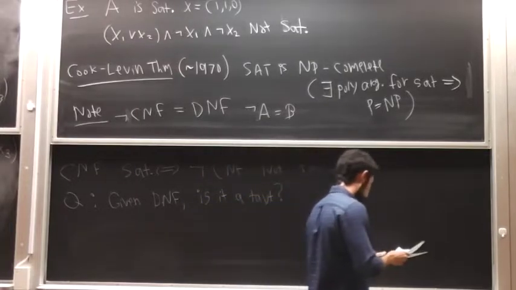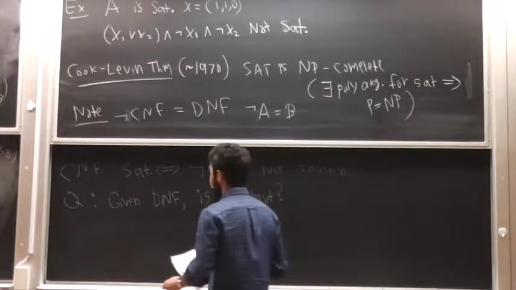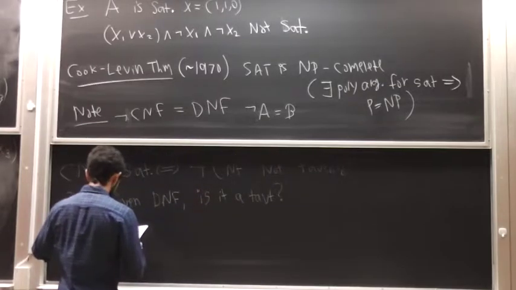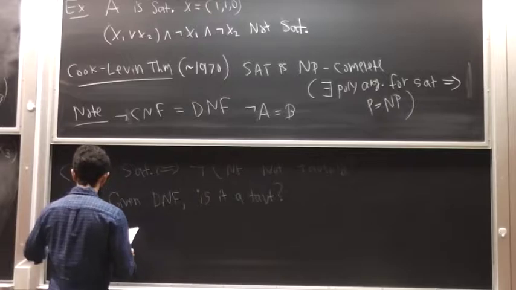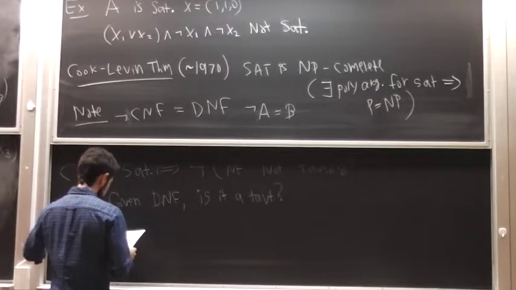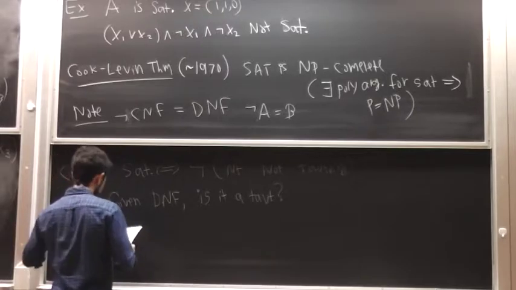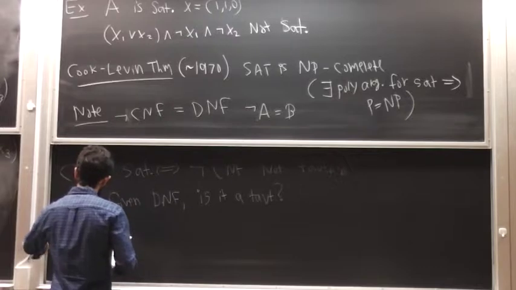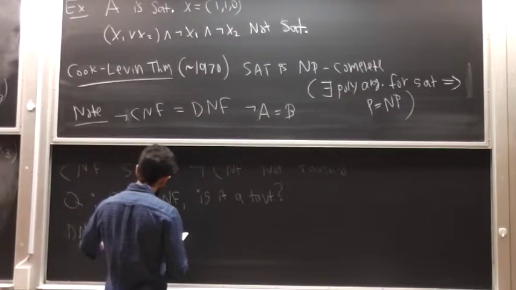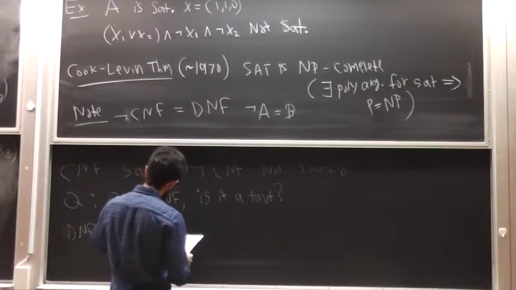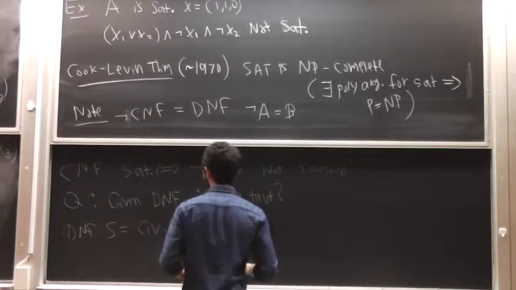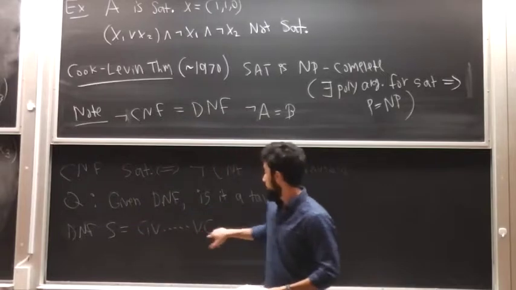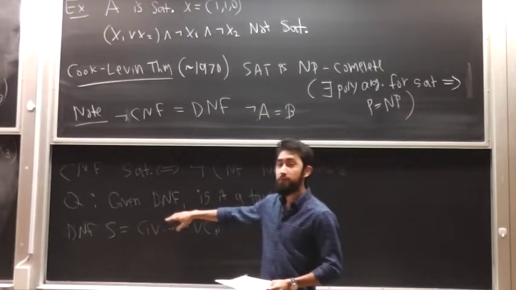So now let's look at one way to think of this. Suppose we take a uniform random assignment of the variables. Before I do that, let's suppose our DNF looks like this. Let's call it S, and let S equal C1 or, all the way up to, CN. So there are capital N clauses, C1 through CN.